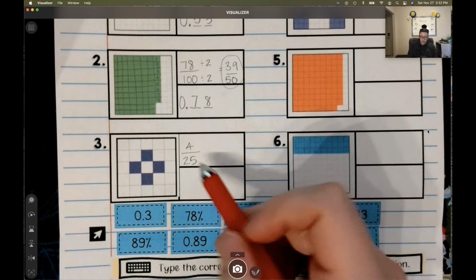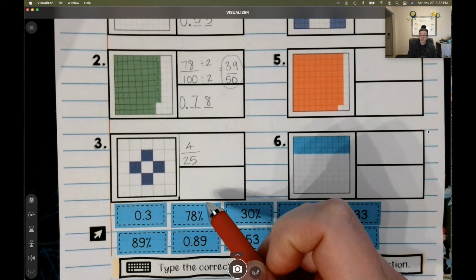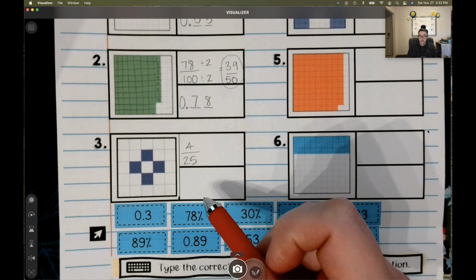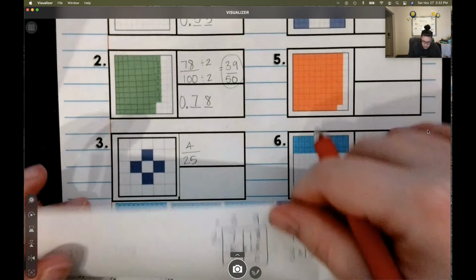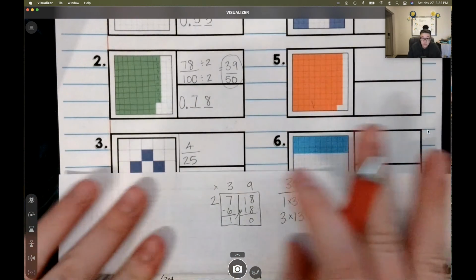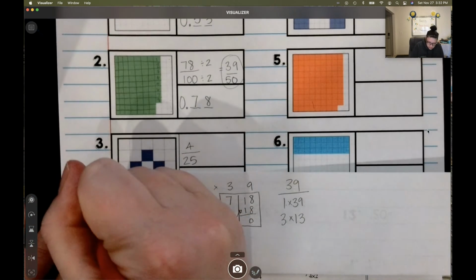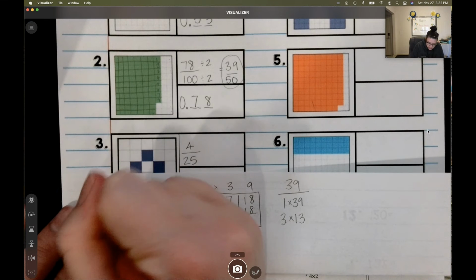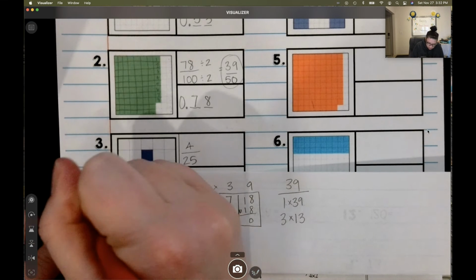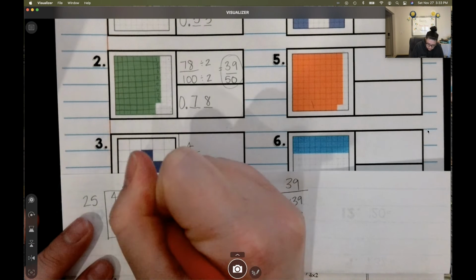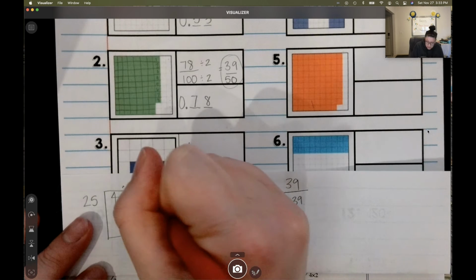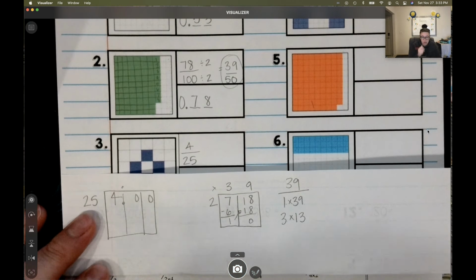One way, what does the fraction bar mean to do? You can divide. You can do 4 divided by 25. That's one way to do it.